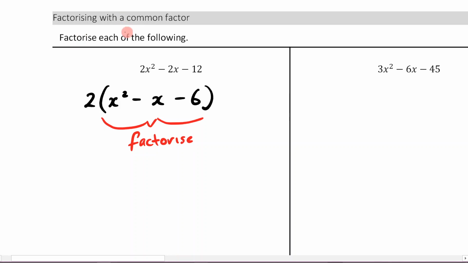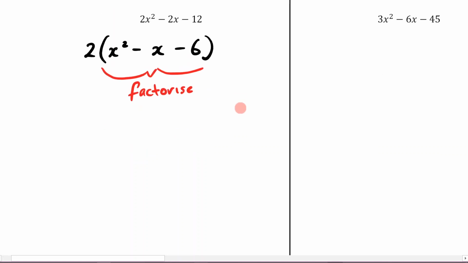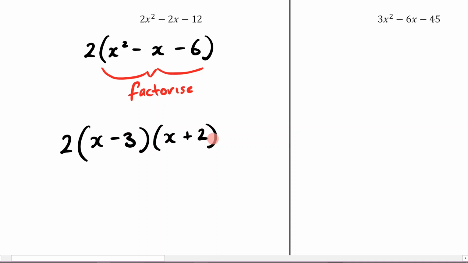Hopefully you're getting pretty confident with doing this at the moment. So I'm going to put a 2 here. Then I need two numbers that multiply together to give me negative 6 and add together to give me negative 1. So what is that going to be? It's going to be negative 3 and 2. And just like that, I've got my answer.